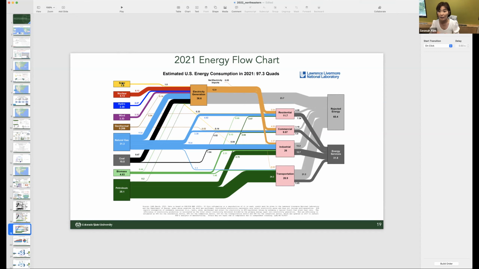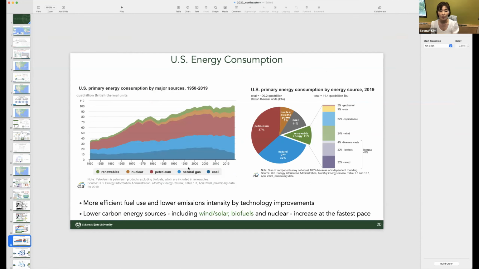So renewables grow, but we have to grow a lot more. Here is another chart you can see. Coal has definitely decreased, natural gas is similar, and petroleum is also at a very steady state right now. It's not increasing anymore. Instead, renewable energy is filling in the gap.